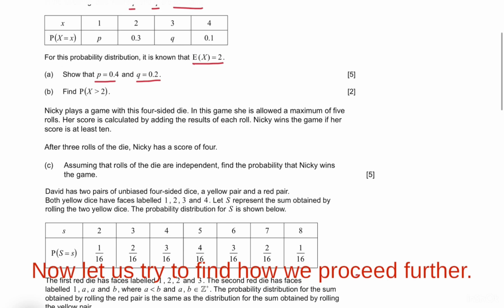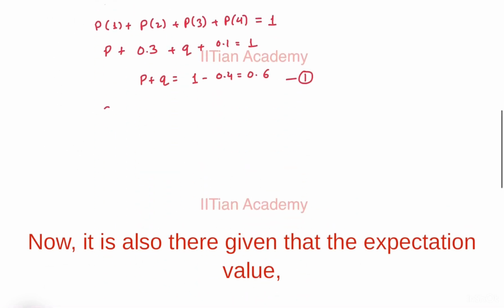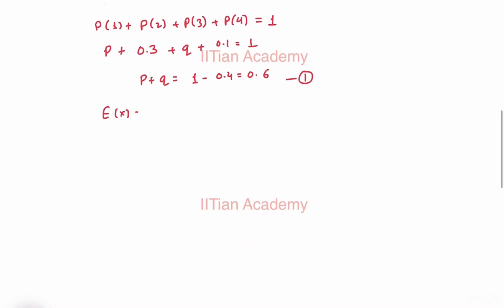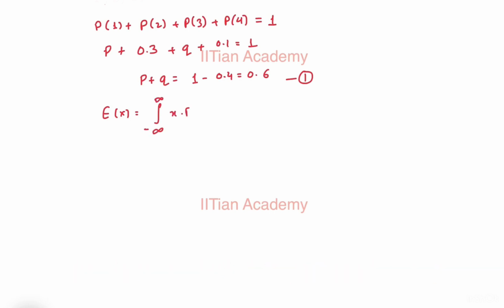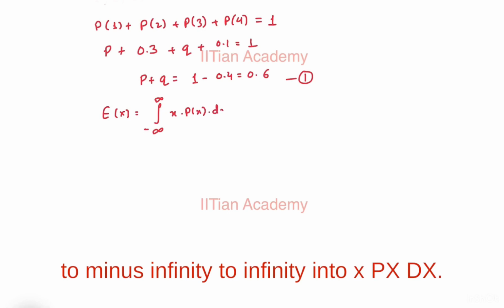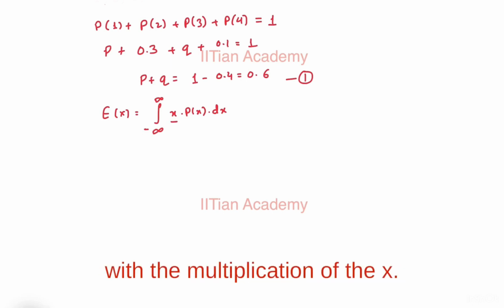Now let us see how we proceed further. It is also given that the expectation value is E of x. E of x is the integration from minus infinity to infinity of x times p(x) dx. So it is basically the summation with the multiplication of x.